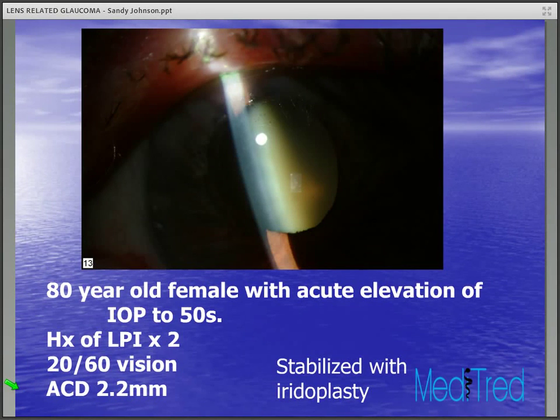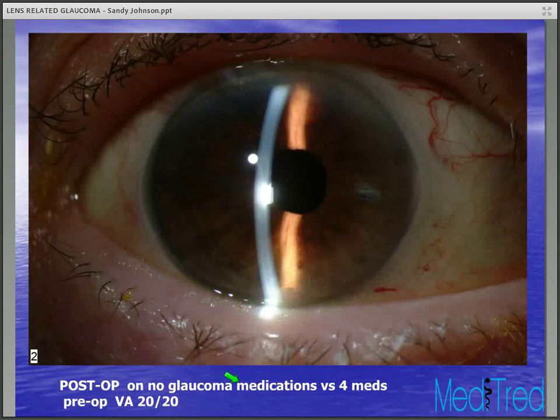Here's an 80-year-old female with acute elevation of her pressure, right? So she has a history of an LPI, and actually twice, a 20/60 cataract, but you can see it's a pretty significant nuclear sclerotic cataract. Sees pretty well out of it, so it's never been removed. She has a shallow ACD. She was actually initially treated with iridoplasty, and from there went on to have cataract surgery.